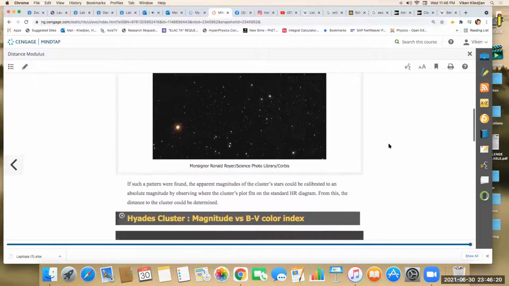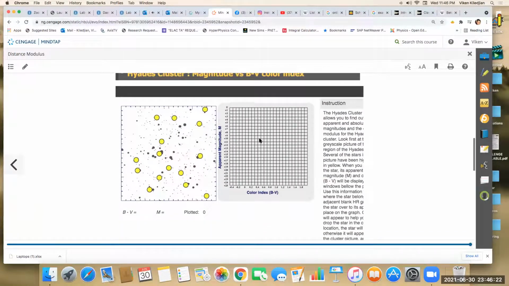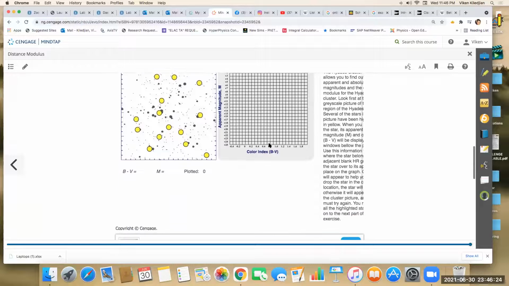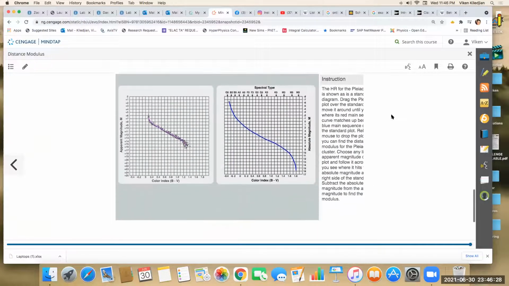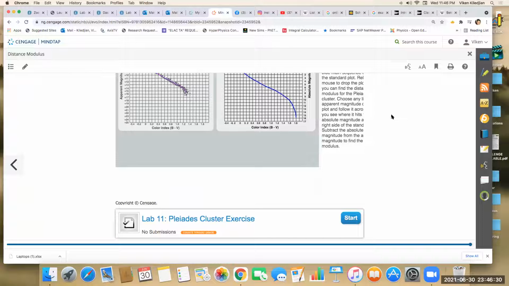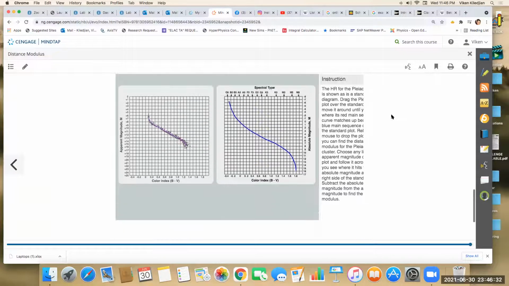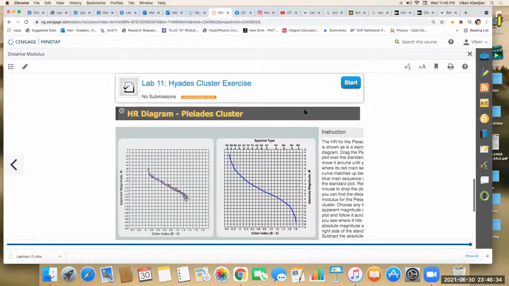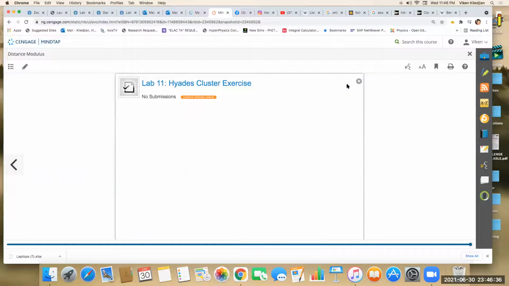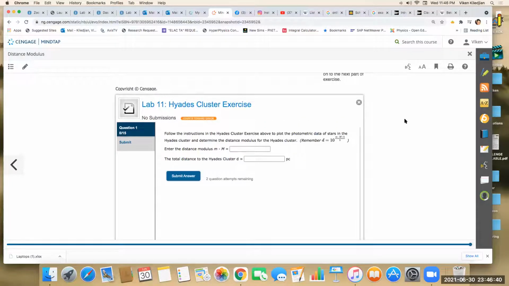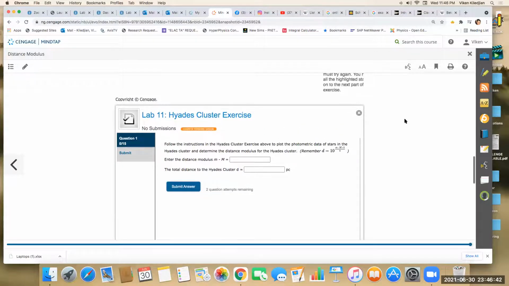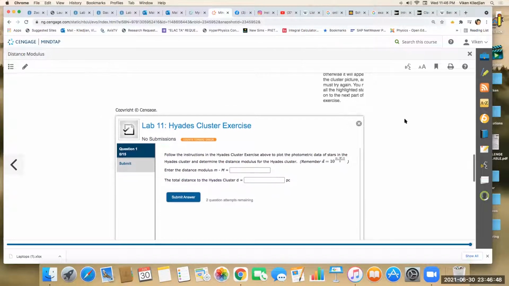So now we know what to do over there: take 5 pictures and then go over here and start the assignment. Following the instructions on the Hyades cluster exercise above, plot the photometric data of stars in the Hyades cluster and determine the distance modulus for the Hyades cluster.